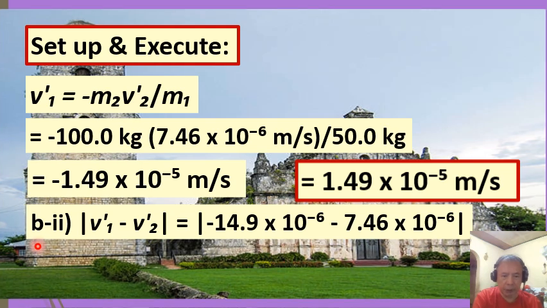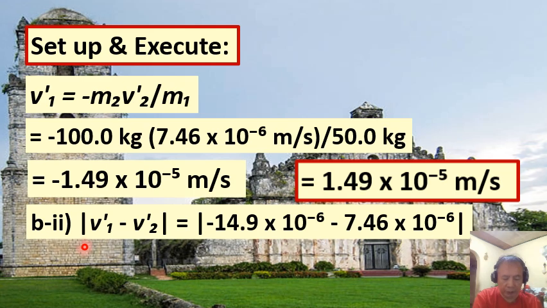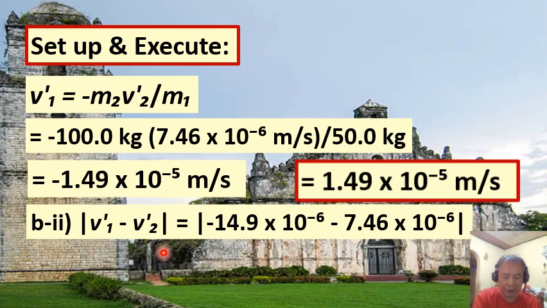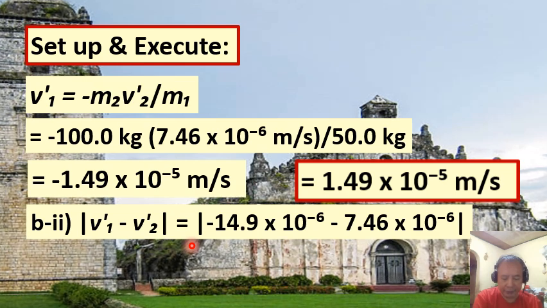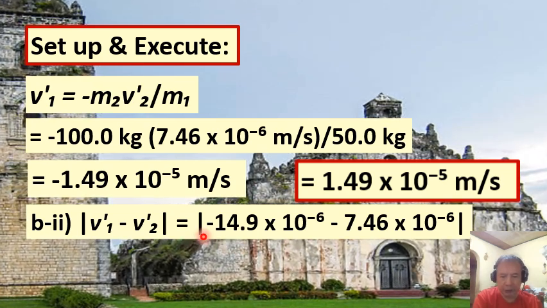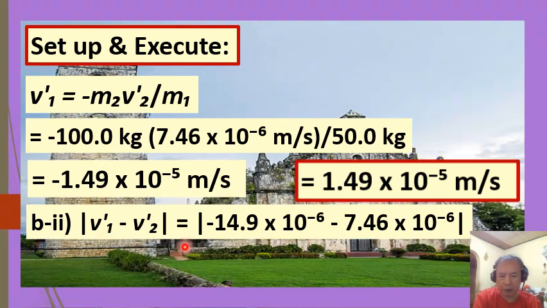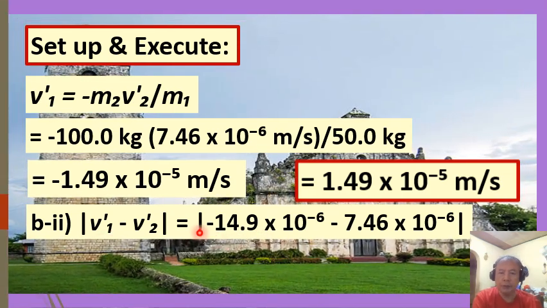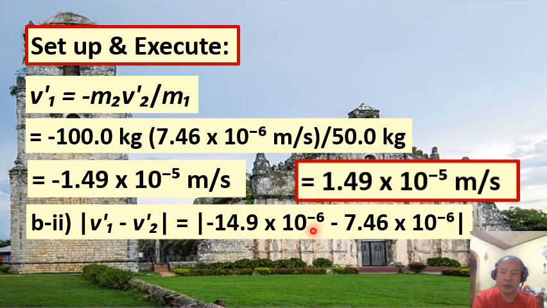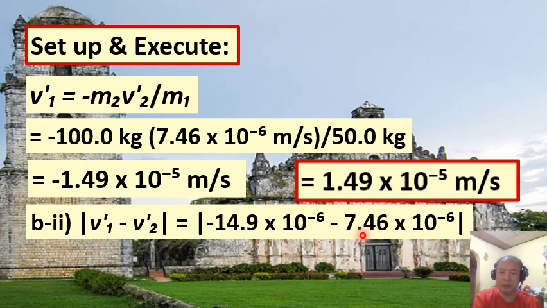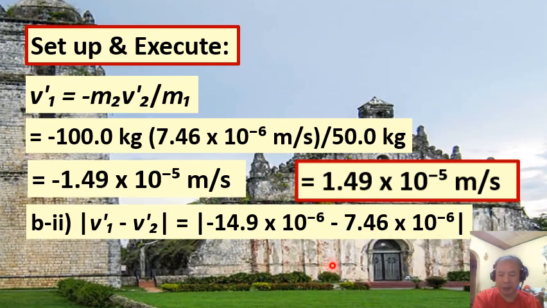So in part B, number 2, where we find the magnitude of the relative velocity with which one sphere is approaching the other, that is simply equal to the absolute value of b prime 1 minus b prime 2, or the absolute value of negative 14.9 times 10 to the negative 6 meters per second minus 7.46 times 10 to the negative 6 meters per second.